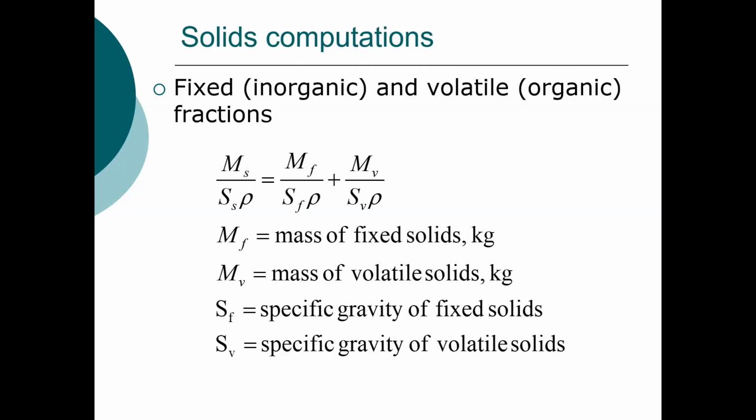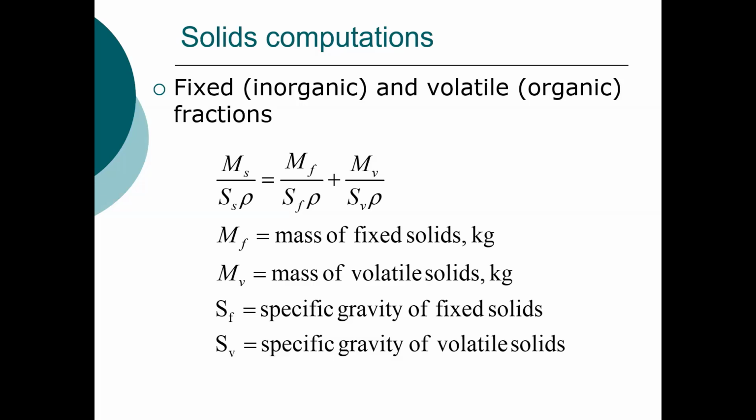So when we're dealing with wastewater sludges, we often have to deal with the fact that we have both an inorganic or fixed fraction and an organic or volatile fraction.